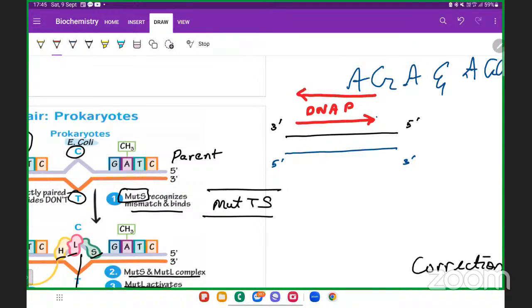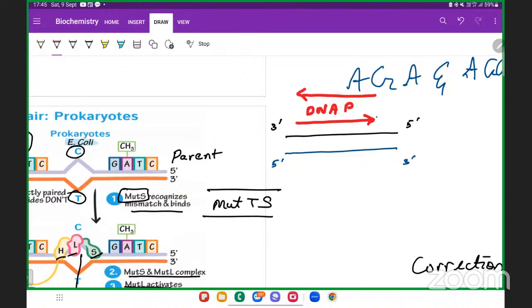But that 5' to 3' direction is with respect to the parent DNA. So in the newly formed DNA, how does your repair mechanism or proofreading go? Remember, your proofreading will be going in the direction of 5' to 3' or 3' to 5'?